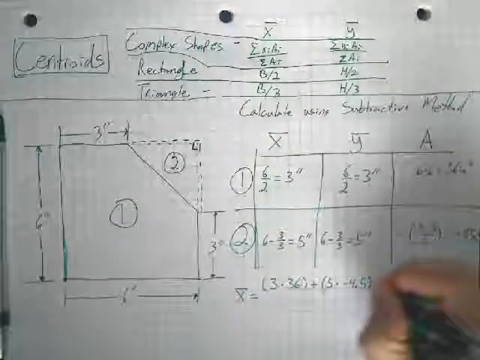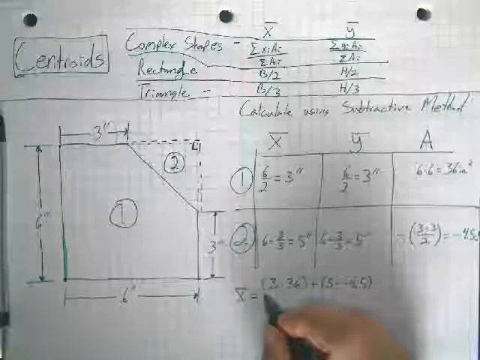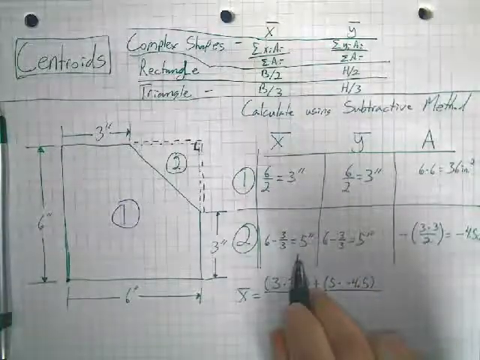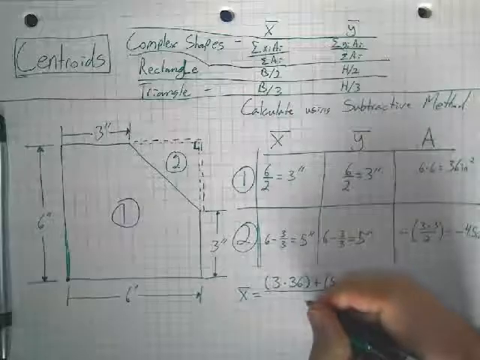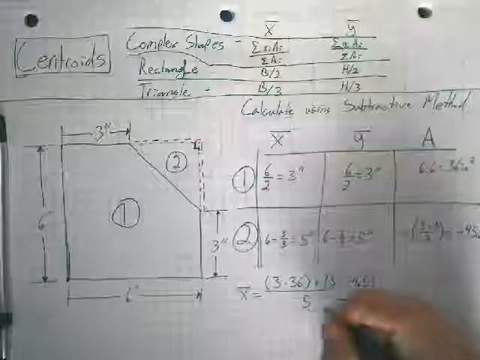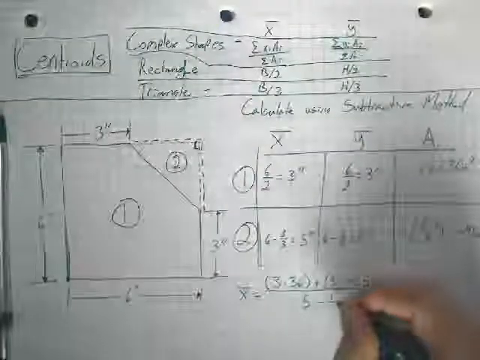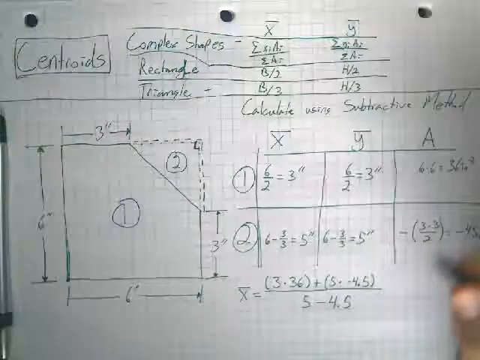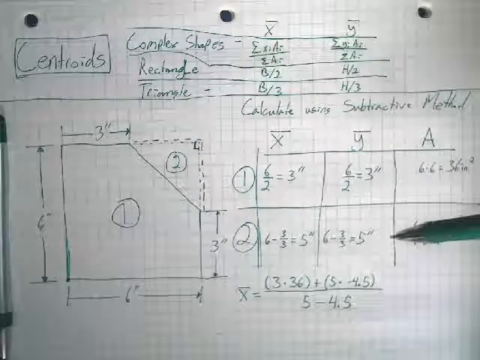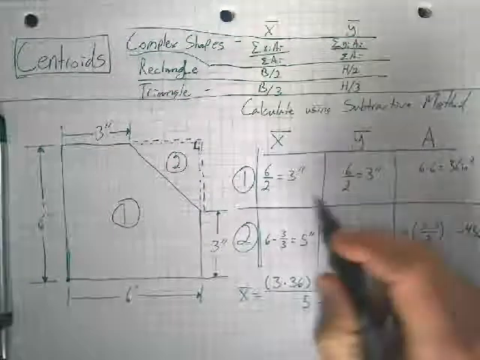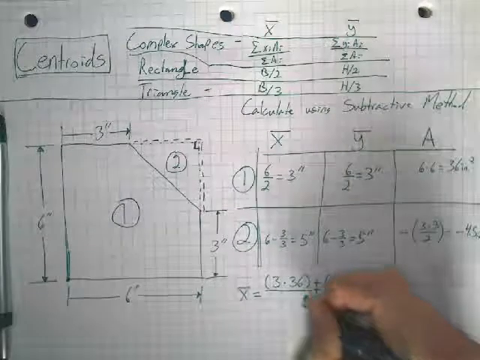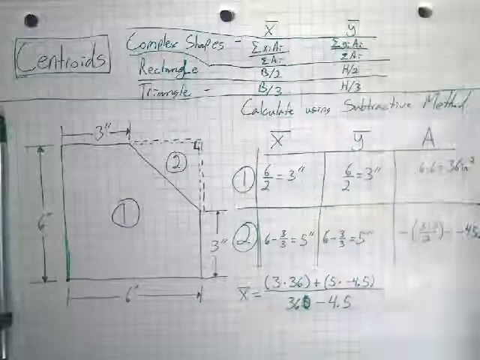So it'll be subtracting that centroid area away, divided by area plus area. So I have 36 plus negative 4.5, or I could just write minus 4.5 because I subtract. There we go.